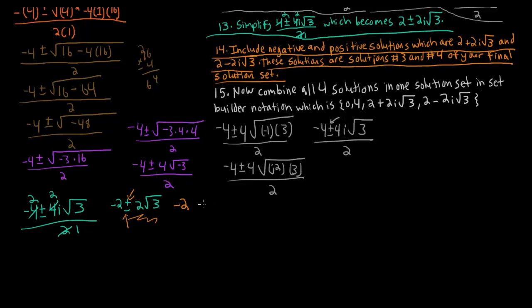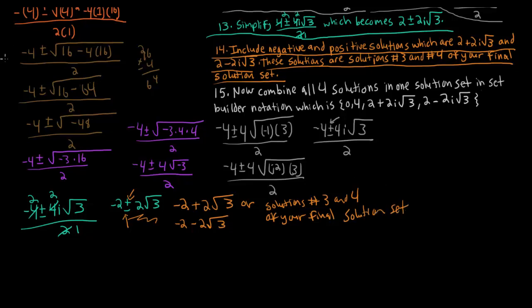So you have negative 2 plus 2i square root of 3, which is the positive solution, or negative 2 minus 2i square root of 3, which is the negative solution. And these two answers are solutions number 3 and 4 of your final solution set.